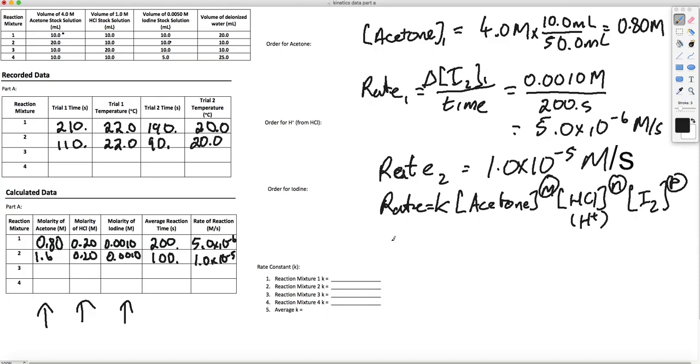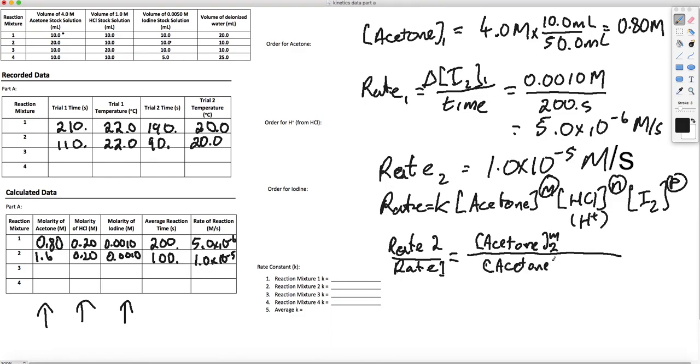So here's how we do that. We'll do rate 2 over rate 1 equals, and it's going to be the acetone to the M, and that's going to be 2, and over acetone 1 to the M down here.